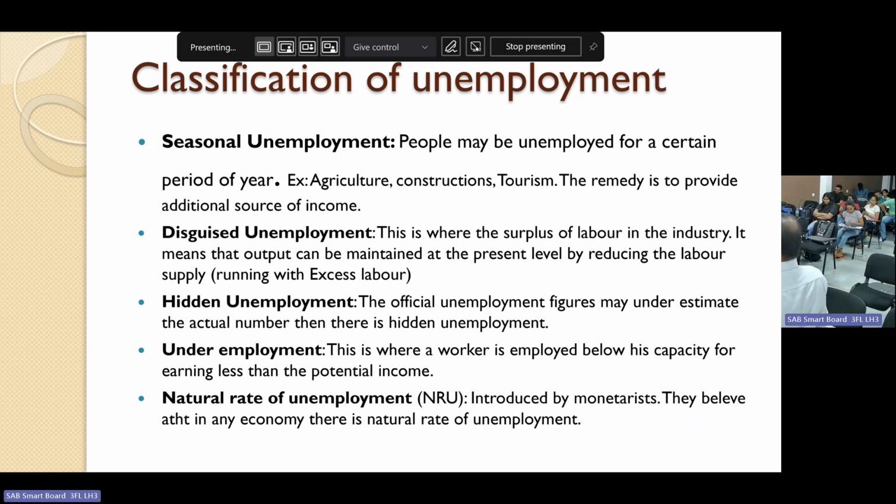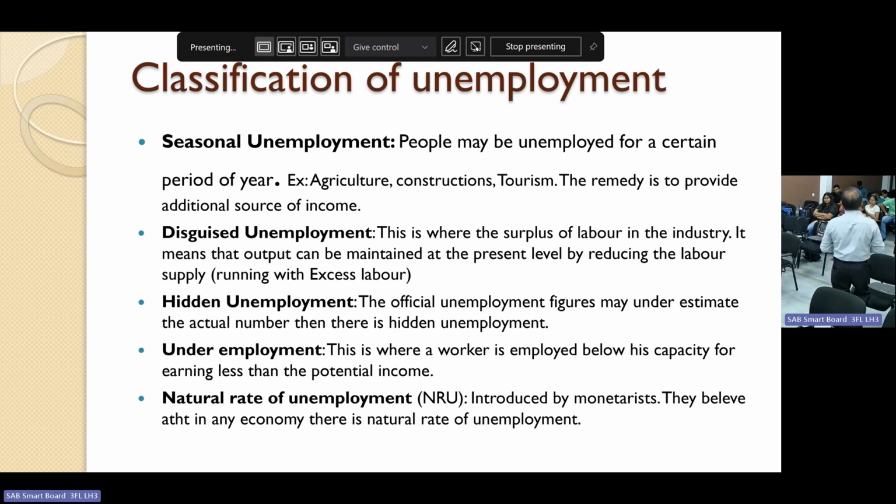And we see disguised unemployment. In most government organizations, such as electricity and railway, there is excess labor supply. Those organizations could run at the same level even without those workers, so they are running with excess labor.